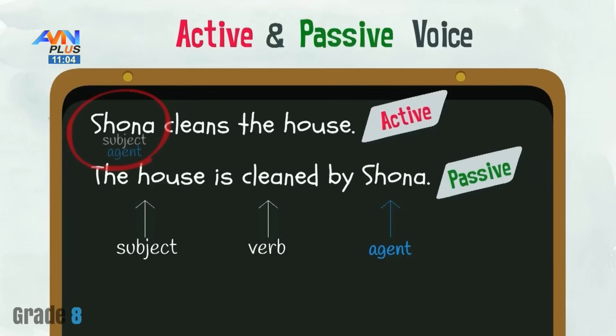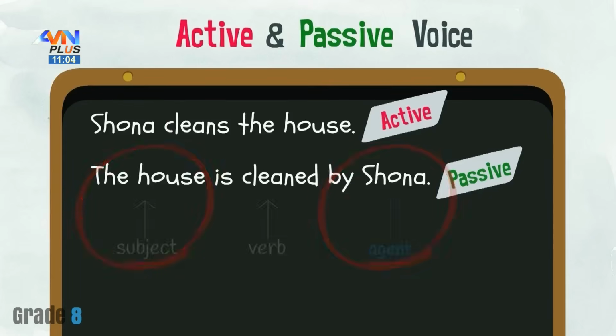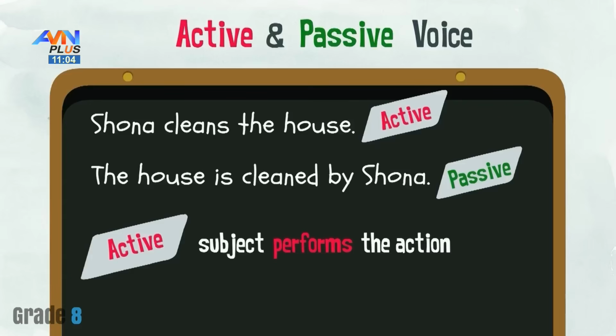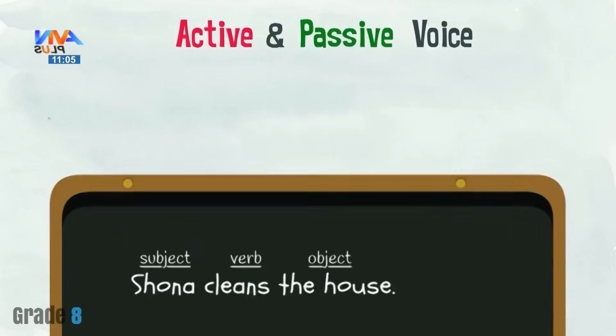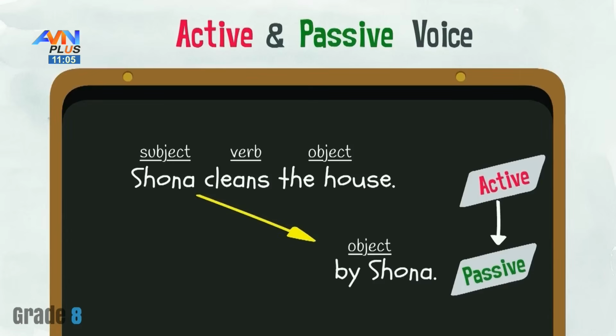In passive voice, the subject and the agent are different. In active voice, the subject of the sentence performs the action. In passive voice, the subject of the sentence receives the action. When we change from active voice to passive voice, the subject becomes the object, and the object becomes the subject.